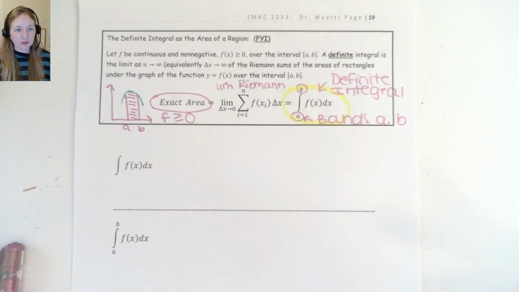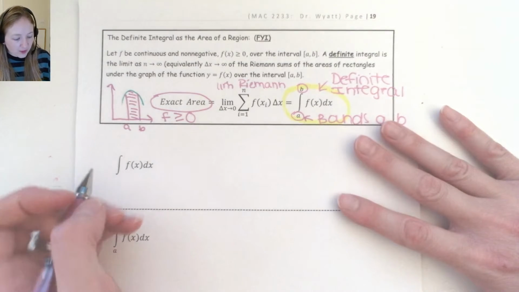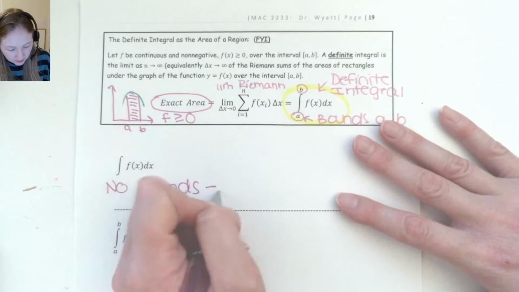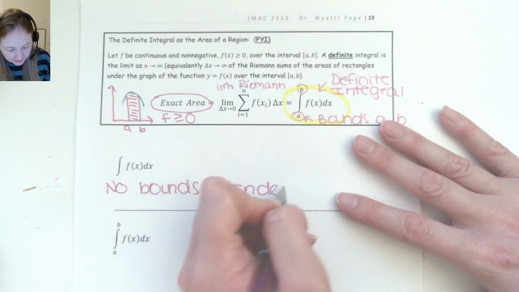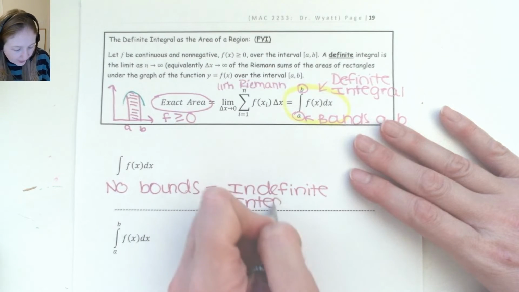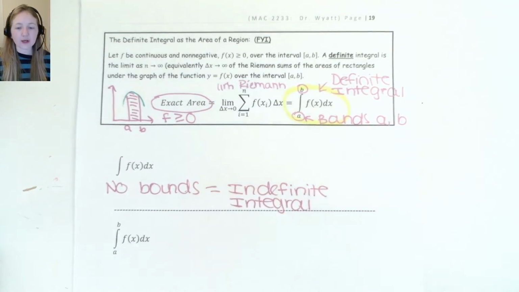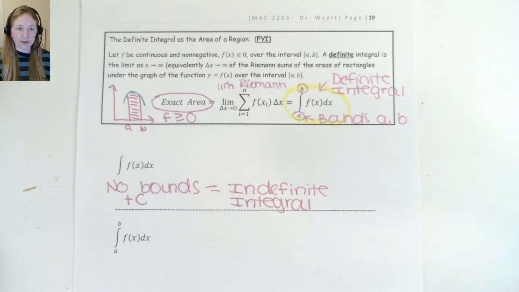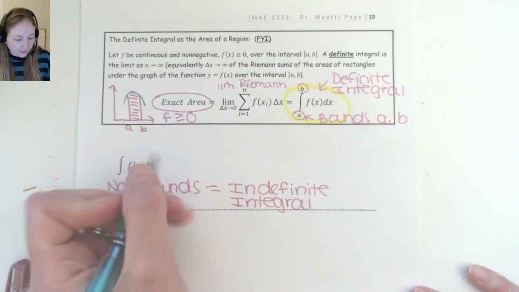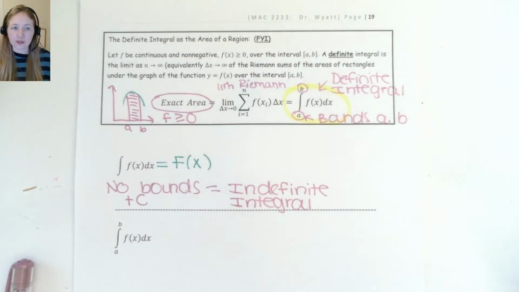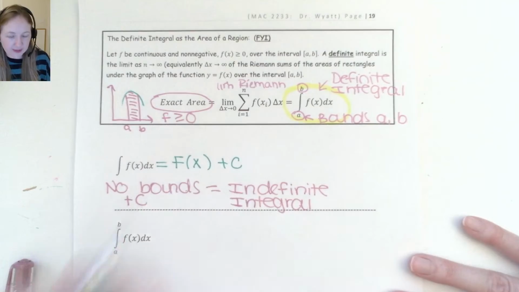Now, the other thing I want to do is take a pause here and remind you that when there are no bounds, like what we did in the last section, that is known as an indefinite integral. And when you are talking about an indefinite integral, that is when you add the plus c. So this would be capital F, some function, plus c.